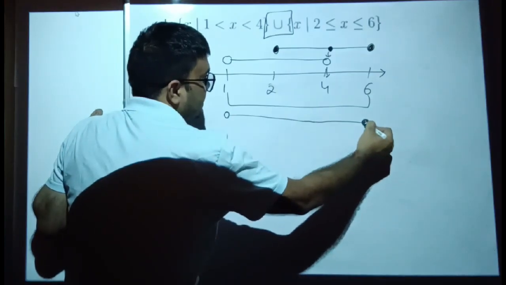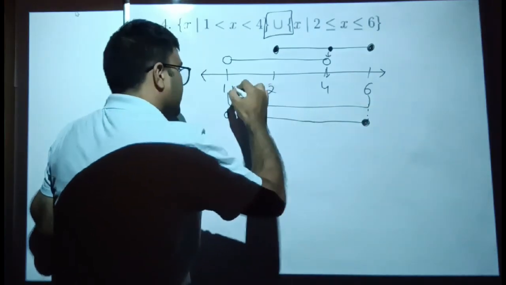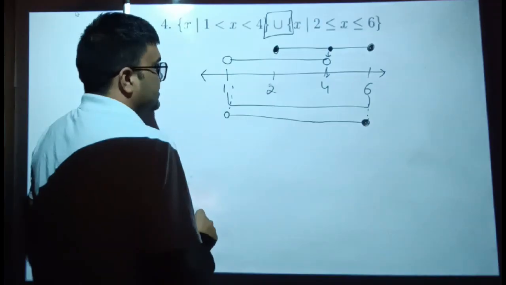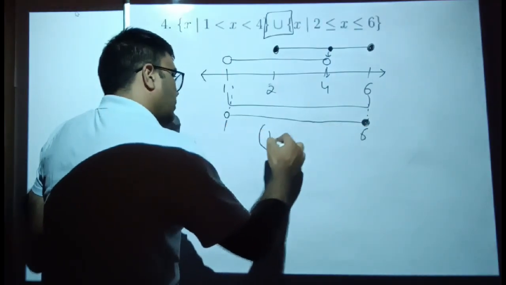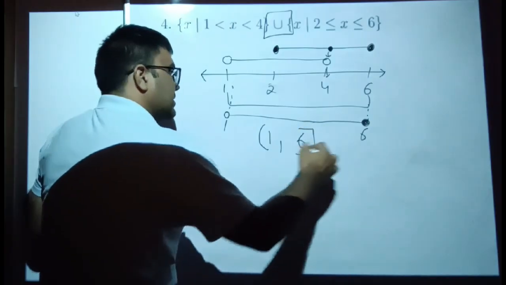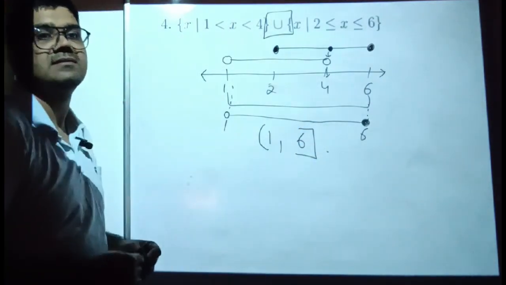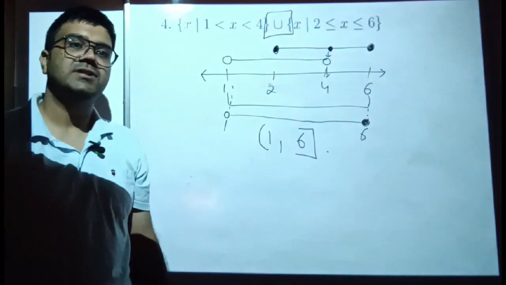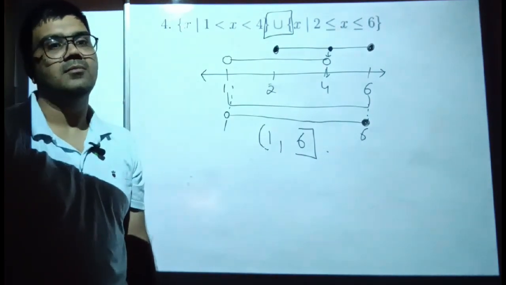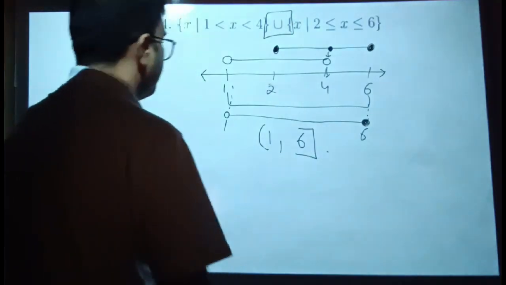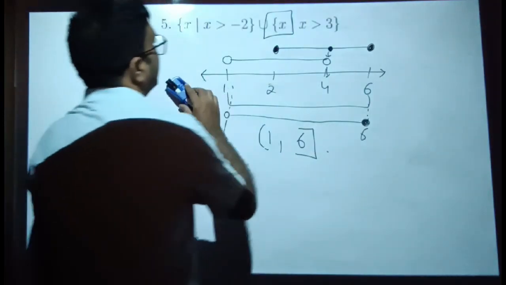And finally 6 is already there. This is the point 1. This is the point 6. So it is open at 1 and closed at 6. So this is the interval we are talking about. This is the region that we obtain.